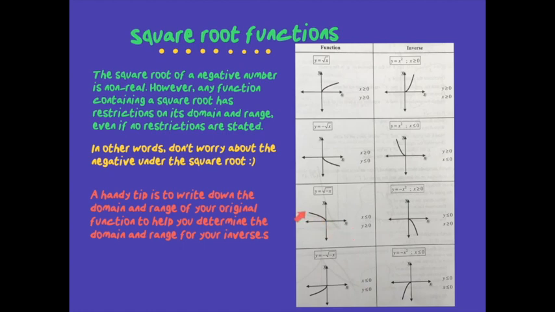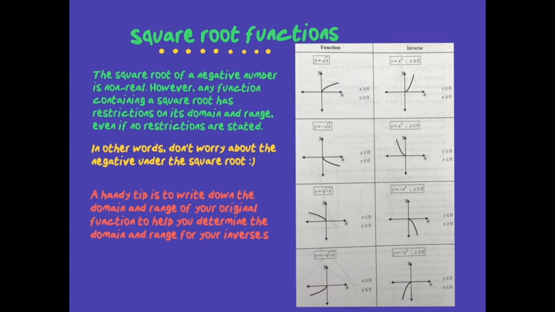Then you'll know that that's the little portion of the arm that you're going to draw. And the same down here. If your y values are negative and your x values are negative, switch x and y around, we're obviously going to be in the same quadrant. So that's the same as the first one where we're working in quadrant 1. The domain and range is the same for the function and the inverse.